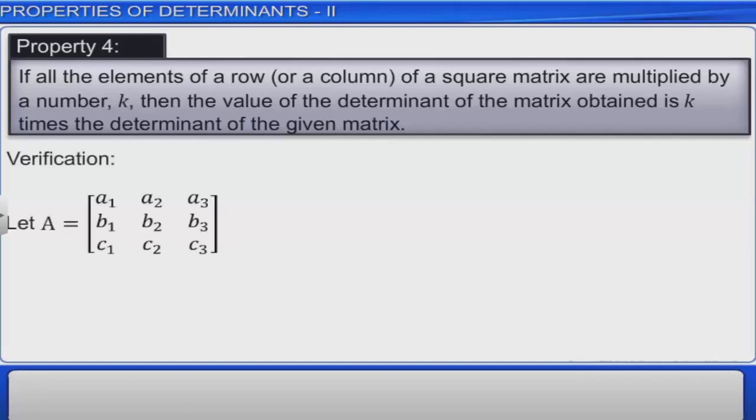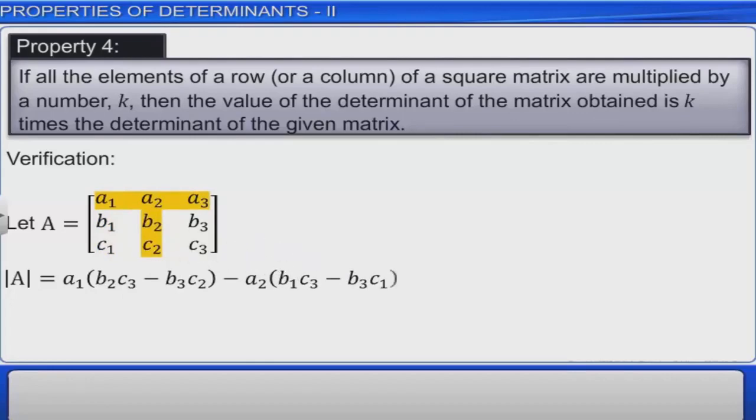Let A be a 3 by 3 square matrix as shown. On expanding along the first row, determinant A is equal to A1 times of B2 C3 minus B3 C2 minus A2 times of B1 C3 minus B3 C1 plus A3 times of B1 C2 minus B2 C1.